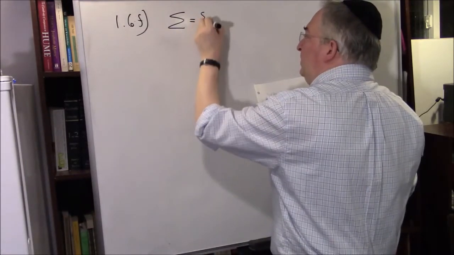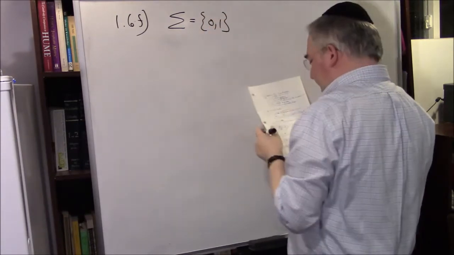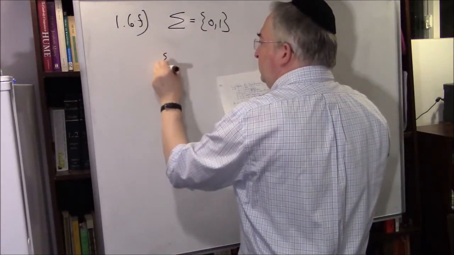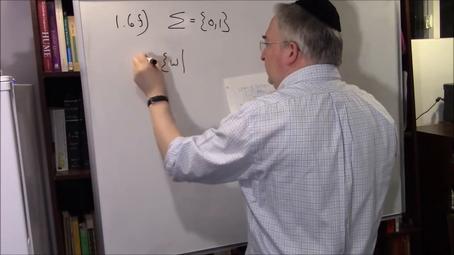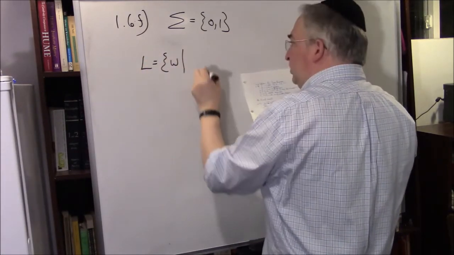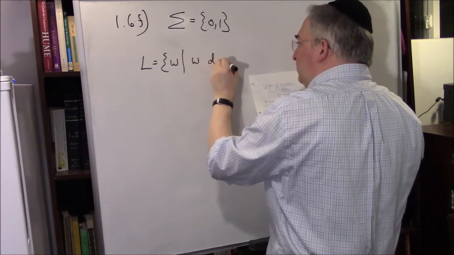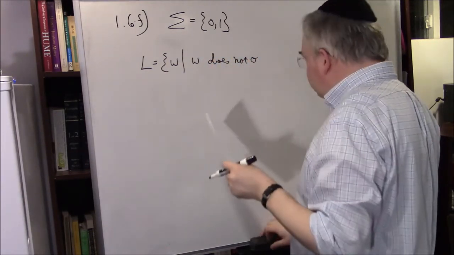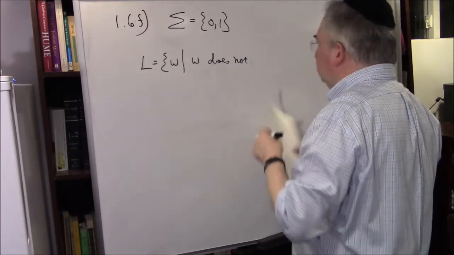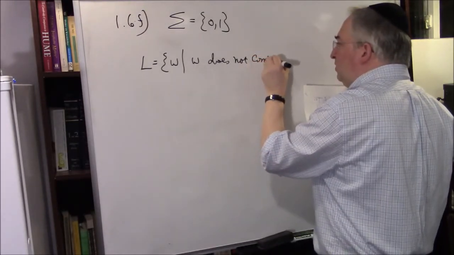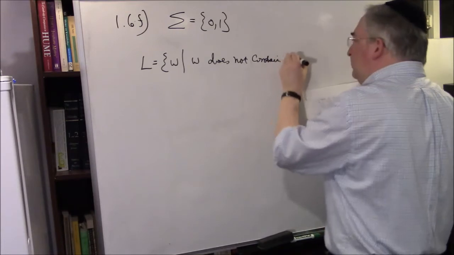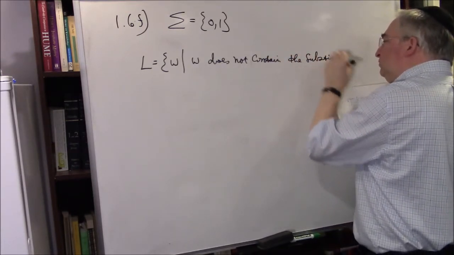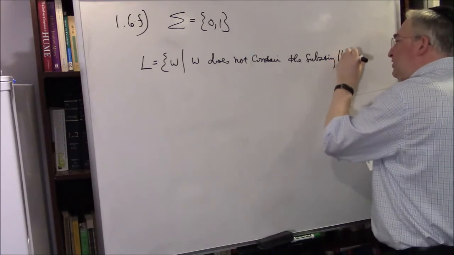The alphabet is 0, 1, and the language is those words W such that W does not contain the substring 110.